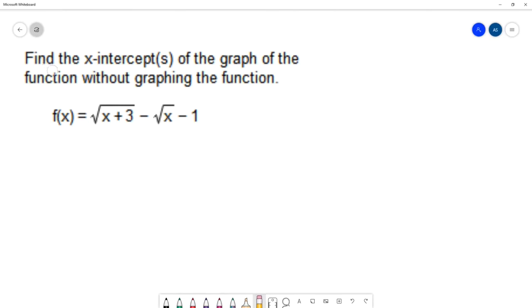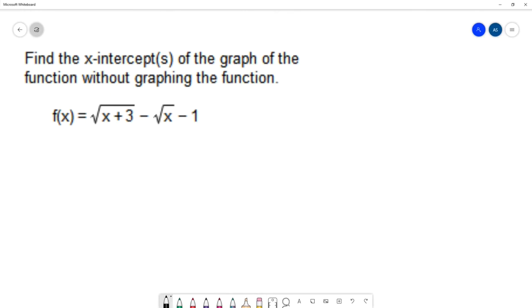In this example, we want to find the x-intercepts of the graph without graphing the function. We have our function being f of x equals the square root of x plus 3 minus the square root of x minus 1. And we're looking for the x-intercepts.